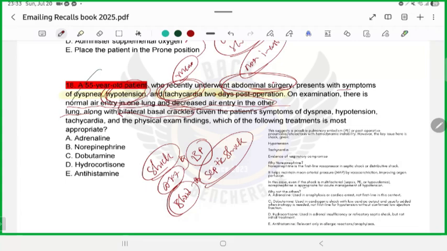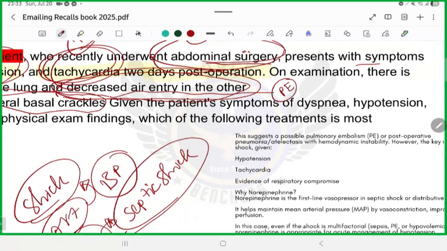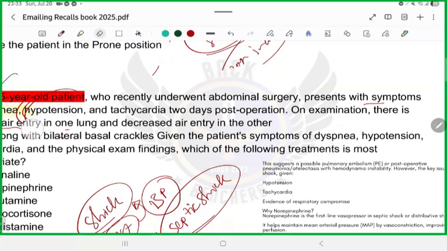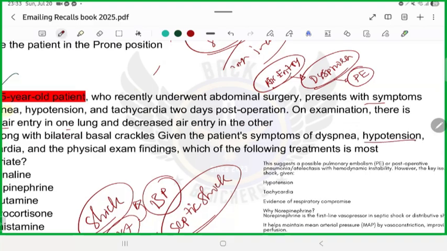Decreased air entry in the other lung means that person might have pulmonary embolism, because the patient has dyspnea. Remember, decreased air entry on one lung and dyspnea, with hypotension and tachycardia, means pulmonary embolism, simple as that.